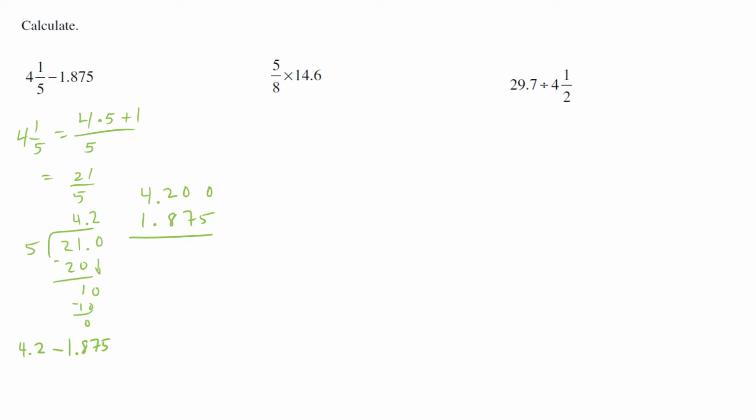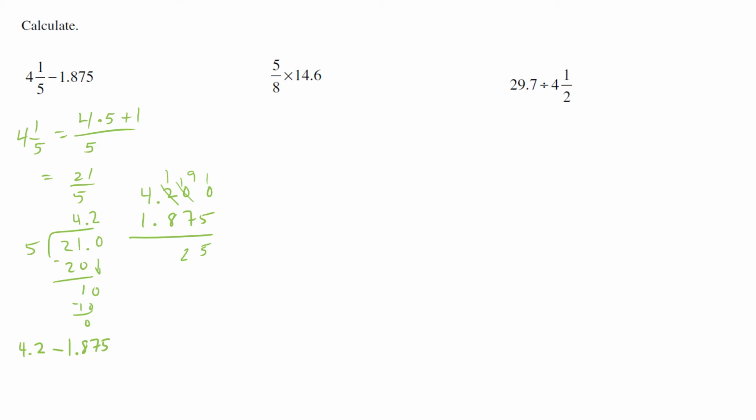So I'm going to have to go ahead and borrow from that 2 in order to do that. So this 2 becomes a 1. This 0 here is going to become a 10, but I need to borrow one more time, so this is going to be 9 and 10. So 10 minus 5 is 5, 9 minus 7 is 2.